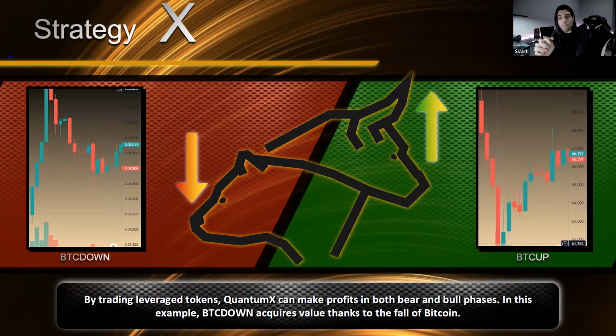Why? Because we use a tool, an instrument, a coin named leverage token that allows us to work in short and long direction, but with the total security of spot trading.